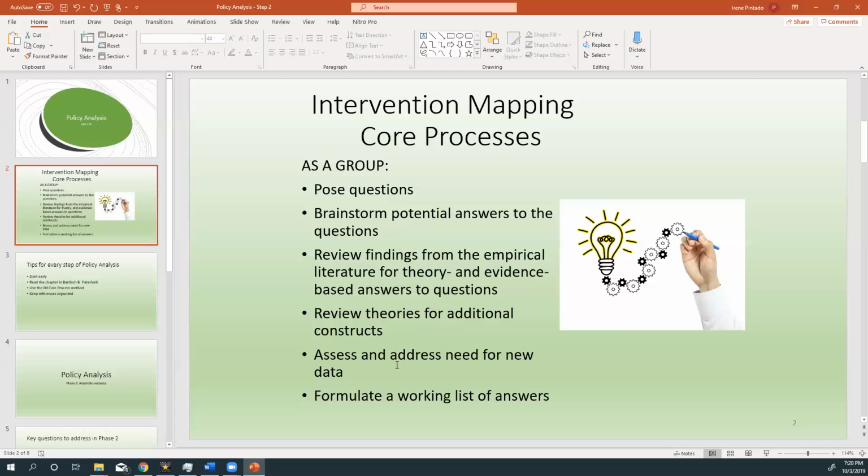Do we need more information? Do we have a good list of answers that we can start with? So that's a process you can use for pretty much any kind of research process that you have to do in a group.